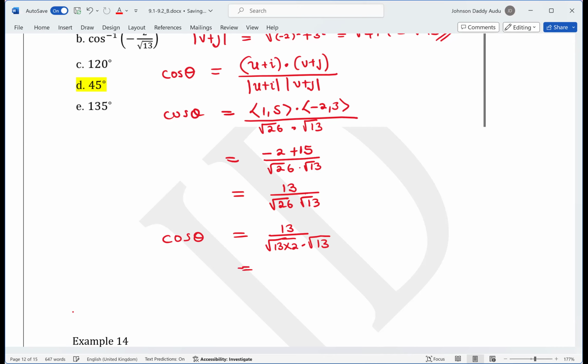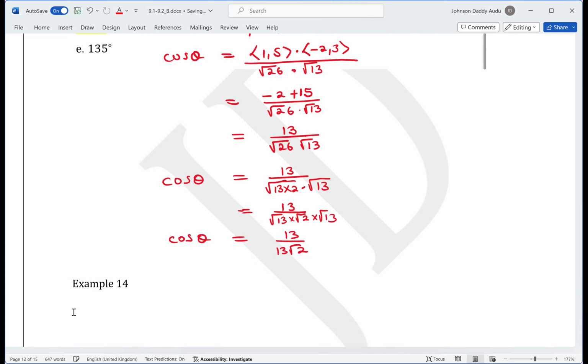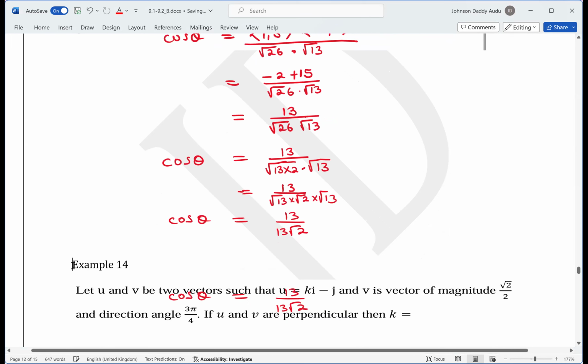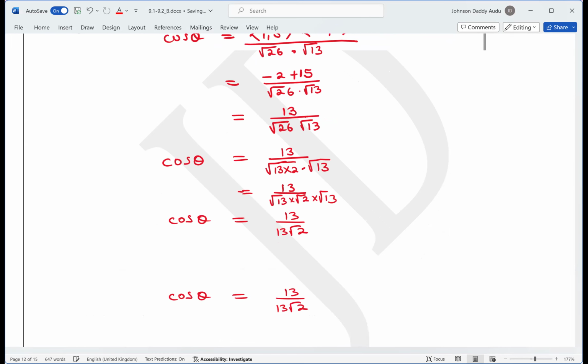And this, you can write it as what? You can split it. This is going to be root 13 times root 2 times root 13, yes? Now, root 13 and root 13 will become 13. So this will be 13 over, everything here will be 13 root of 2. Right? So with this, we can try to finish it up.